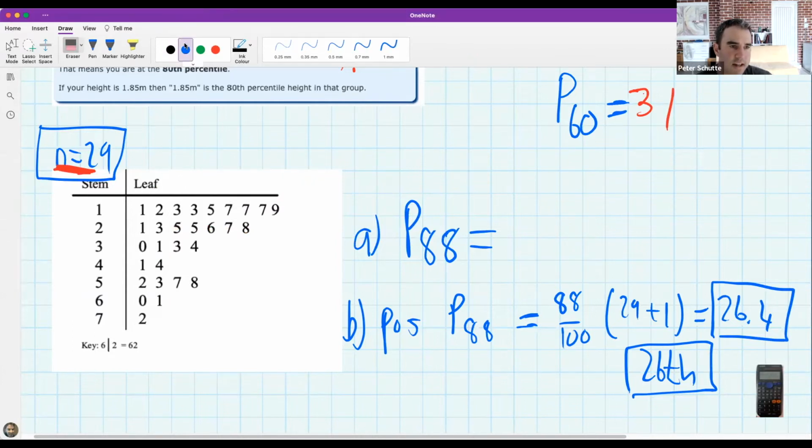If I count, I suppose I could count from the back, because this is 29, this is 28, 27, 26. And that makes sense, because if you're in the 88th percentile, you'd expect most of the data to be behind you and only a small bit above you. So the 88th percentile in this data set is the value of 58.